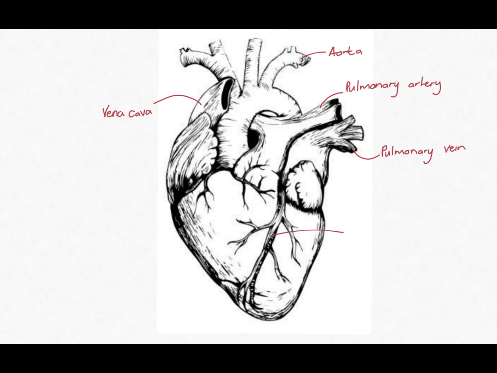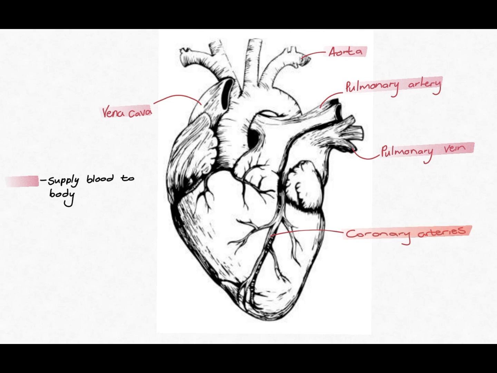Then lastly, we have our coronary arteries, and these are smaller arteries found on the outside walls of our heart. Now, the vena cava, aorta, pulmonary artery, and pulmonary vein supply blood to the body and bring blood from the body towards the heart to be pumped.